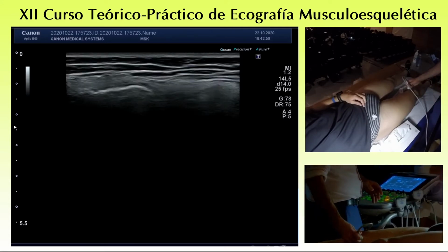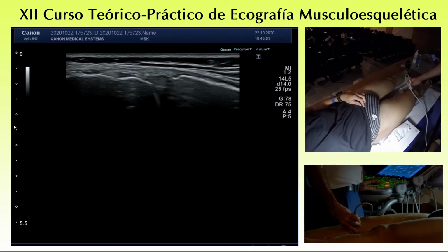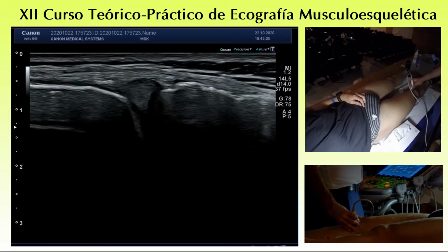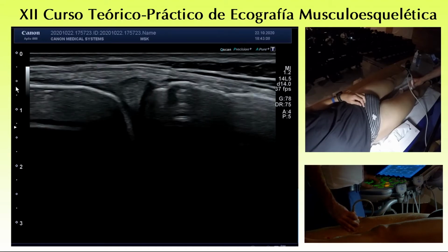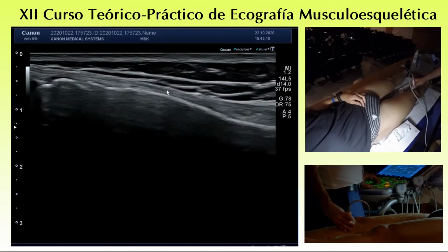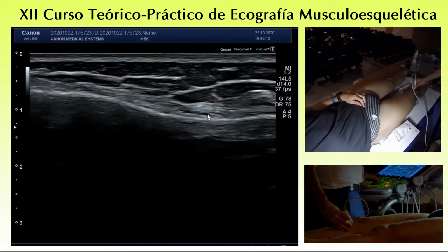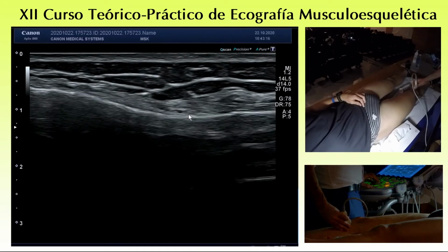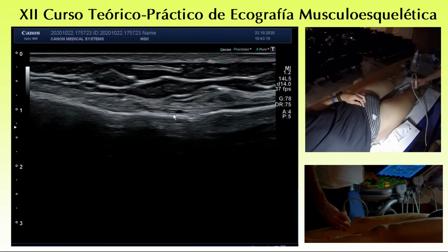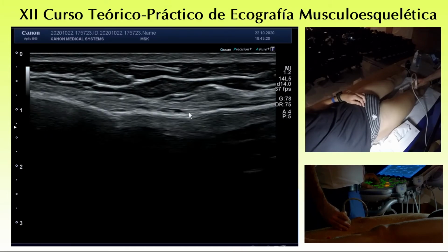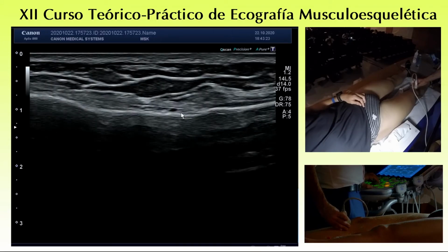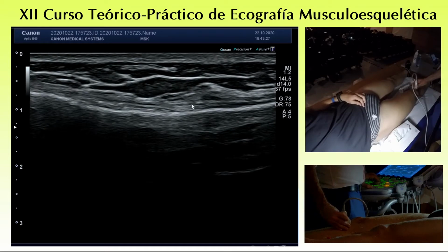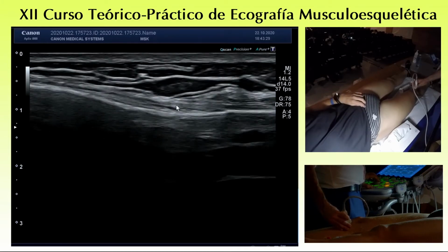For the inferomedial, you can use the medial collateral ligament as a landmark, and you go distally. You see that there are small vessels here. These are the genicular vessels with the genicular nerve around them. This is a good spot where you can inject. It's basically just underneath the superficial component of the medial collateral ligament.